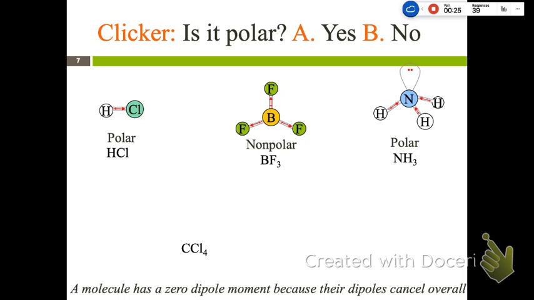Couple more seconds. I'm seeing a split in our answer, which kind of scares me because this was one of the first two that we did. Go back and look at your notes if you're not completely clear.